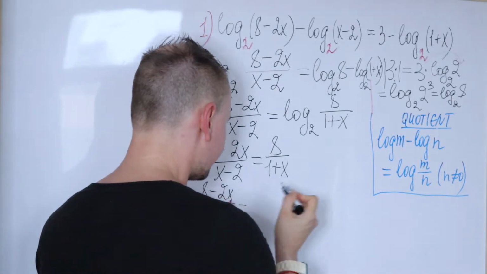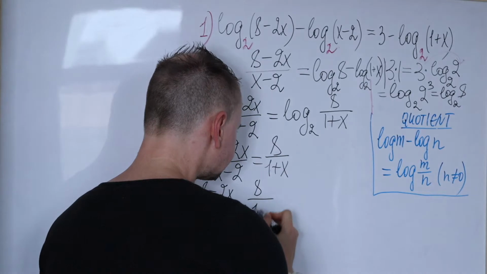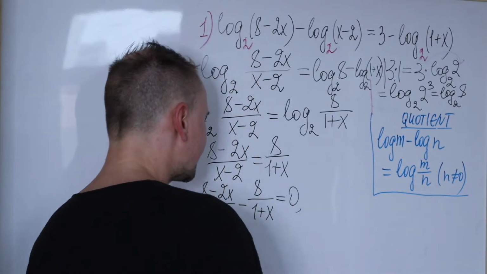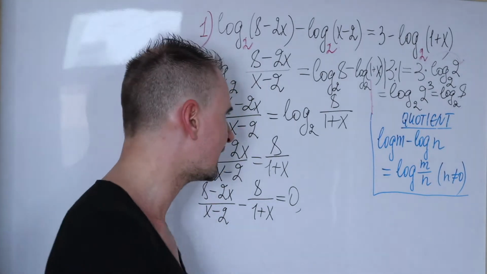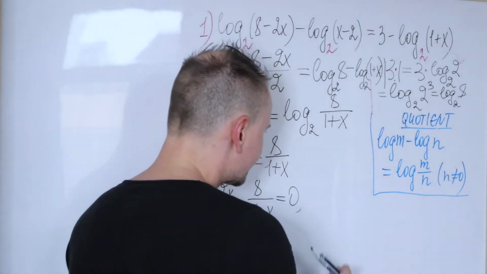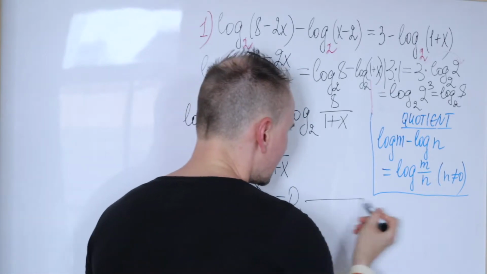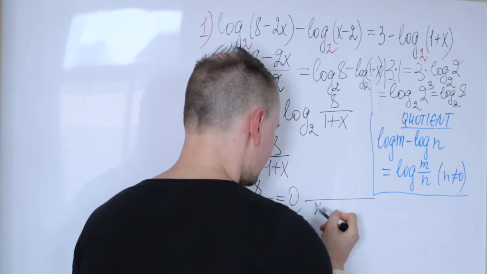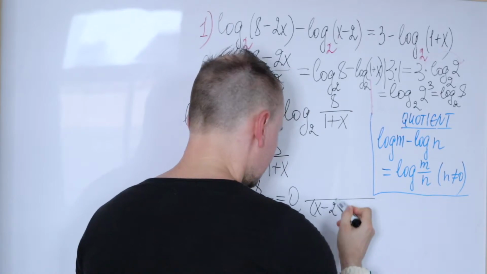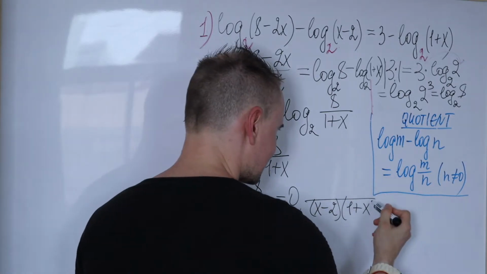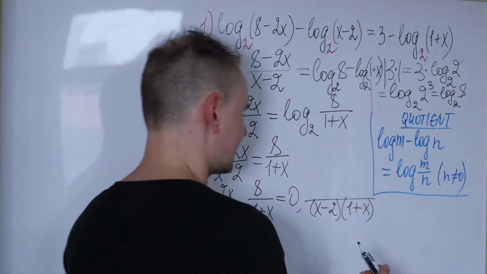So you bring it to the left side by subtracting, and at this point you need to get the common denominator. So it's going to be just the product of these 2 denominators, so it's going to be just x minus 2 times 1 plus x, 1 plus x, not x, okay.